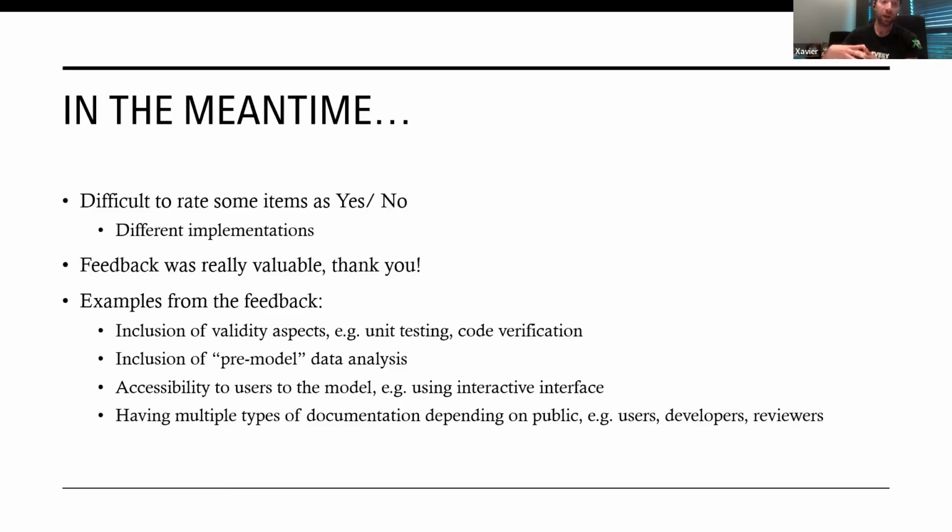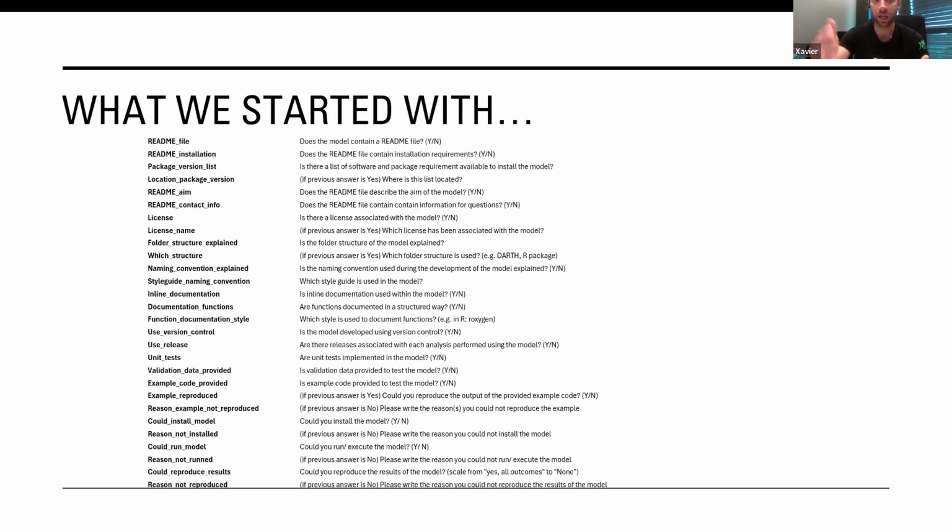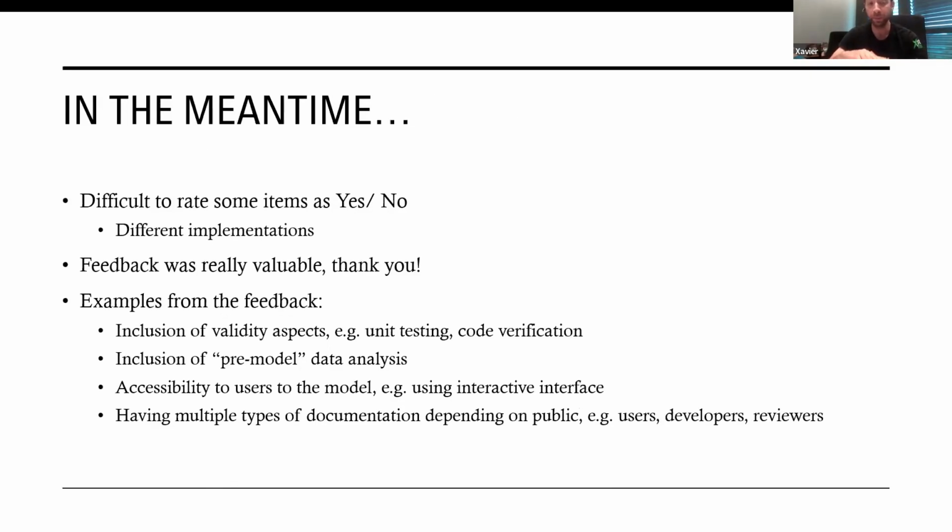So in the meantime, we actually discarded the format of having items that we could rate as yes, no, because we think there is a gradient in how you can implement certain things when developing an open source models.